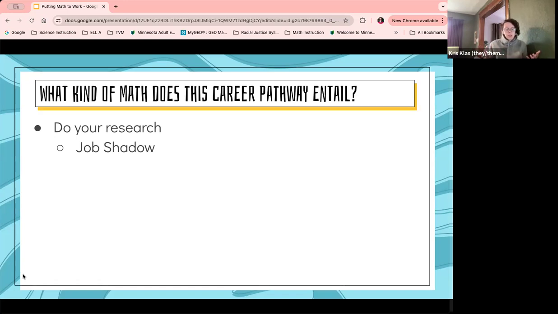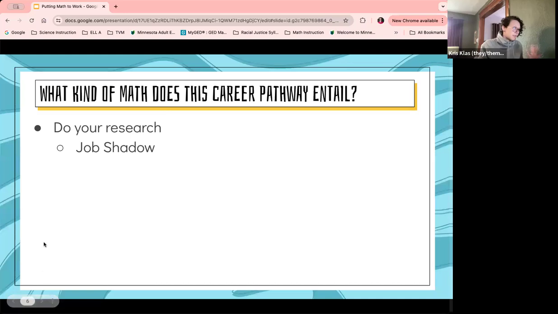And just being in the space with the instructors and the students who were working in those coffee shop environments gave me so much insight into all the tasks that they were doing and the kind of math that they were using that I wouldn't have had from just looking at a textbook or even talking to someone about it.